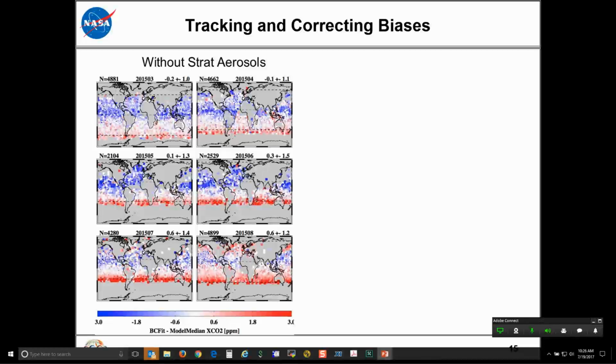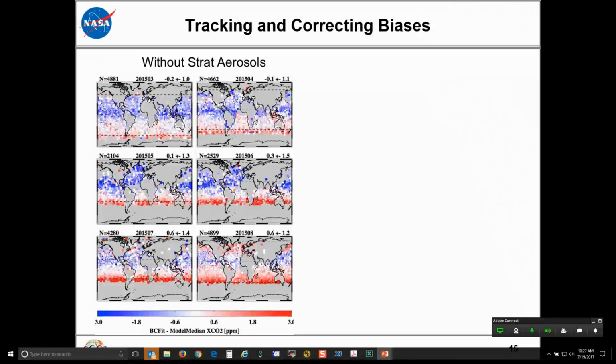But what we're finding is that during certain seasons, especially during the northern winter, so let's say June, July, and August in the southern hemisphere, along the southernmost region where we actually are getting good observations, we're seeing a significant high bias in the OCO2 measurements.